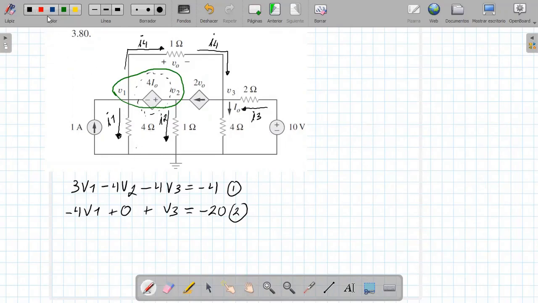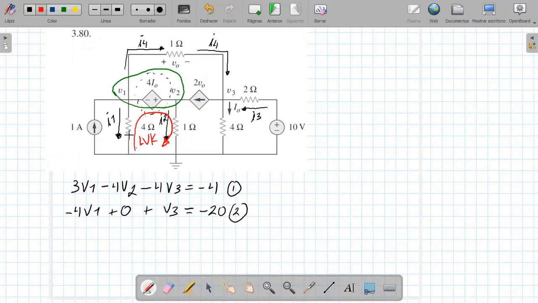I'm going to note it here, in red. We can do a KVL here or we could do a KVL here. Obviously, it's easier for me this way.